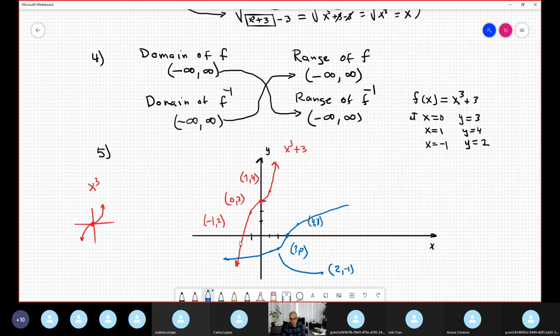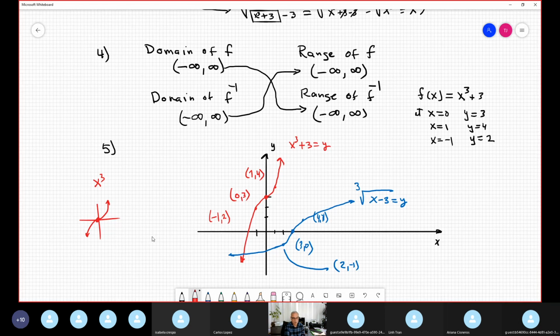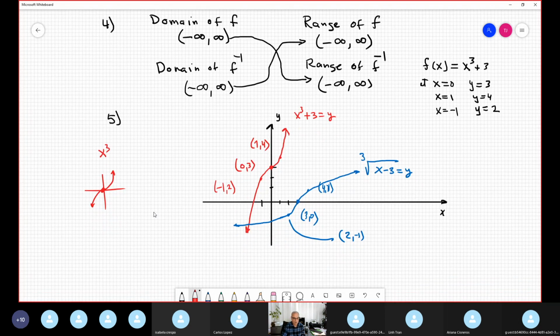If you remember, this is the graph that corresponds with the cubic root of x minus 3 equals y. Some students don't remember very well the graph of the cubic root.